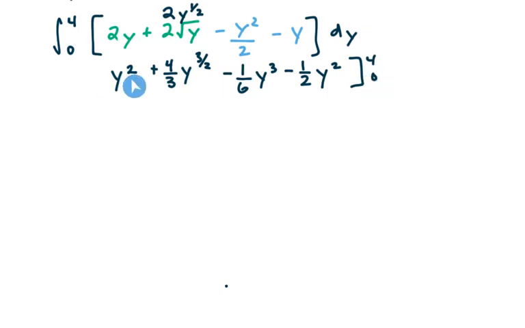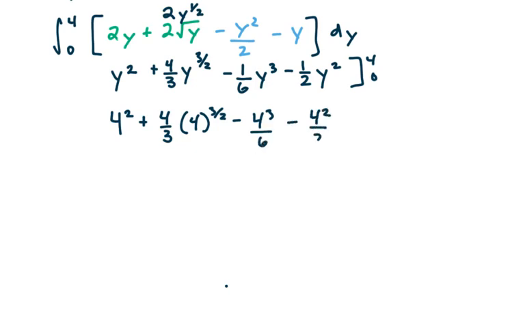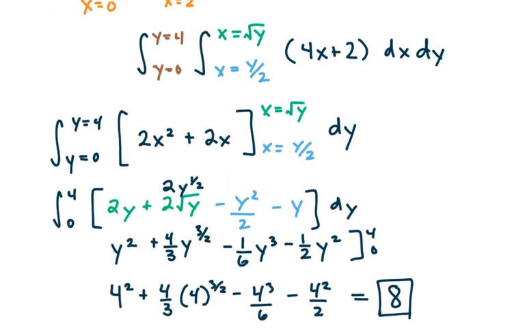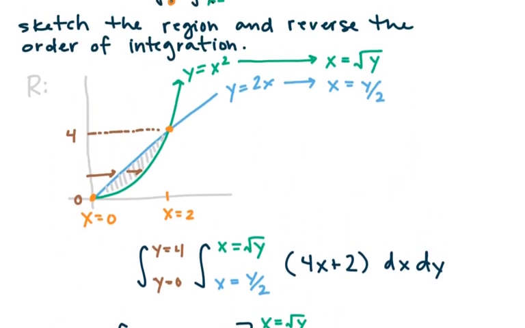Obviously, when I plug 0 into all these terms, it's going to zero out. So I just need to plug in my 4. And 4 squared plus 4/3 times 4 to the 3/2 minus 4 cubed over 6 minus 4 squared over 2. That's going to simplify and give me 8.